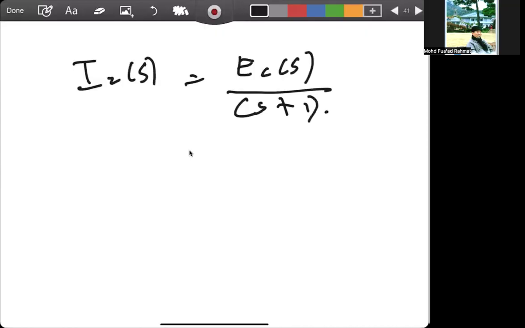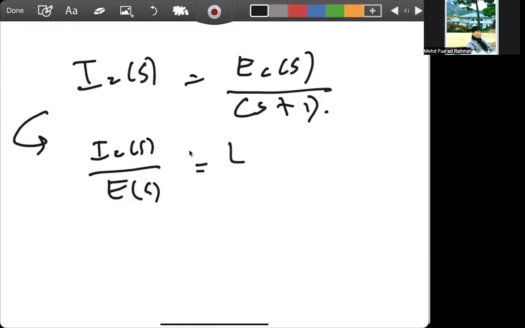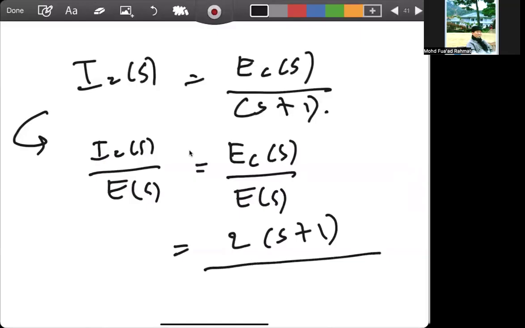Okay, so you use this I2, insert inside the I2S over ES. Okay, so it will be ECS over ES, which is 2S plus 1 over 2S cubic plus 3S squared plus 7S plus 4.